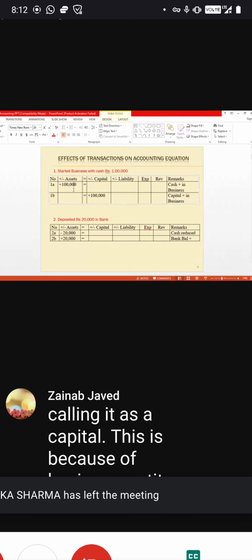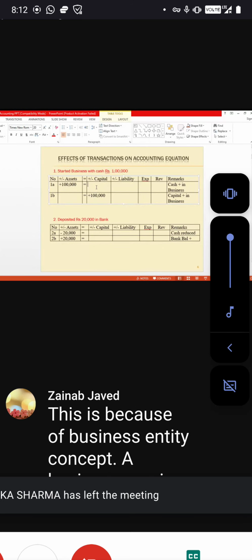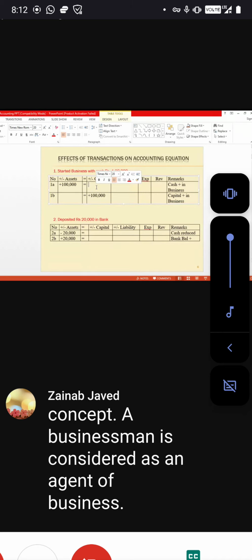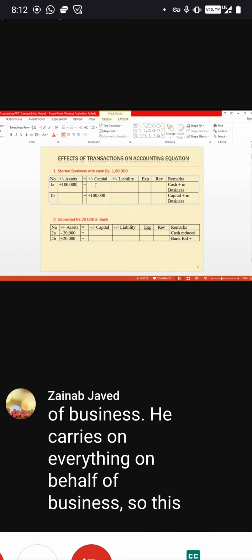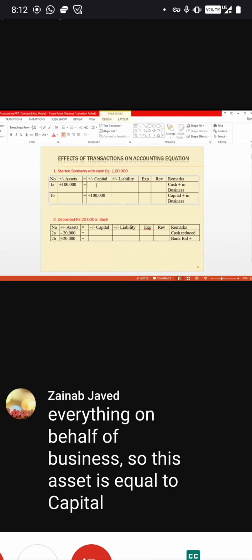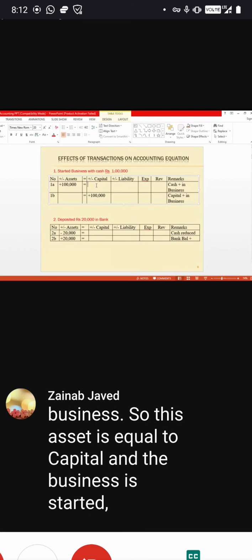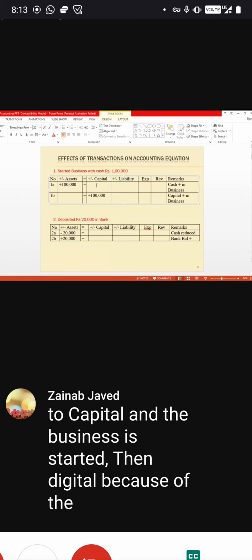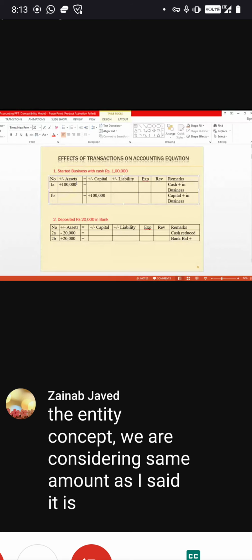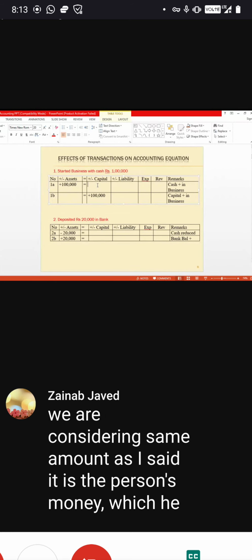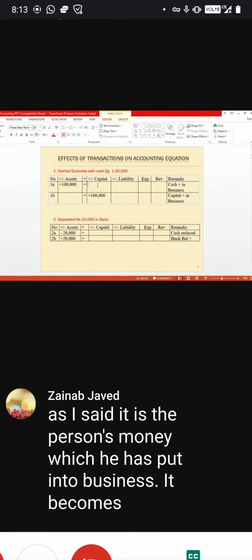A businessman is considered as an agent of business. He carries on everything on behalf of business. So asset is equal to capital when the business is started. Because of the entity concept, we are considering the same amount as asset. It is the person's money which he has put into business. It becomes a capital.